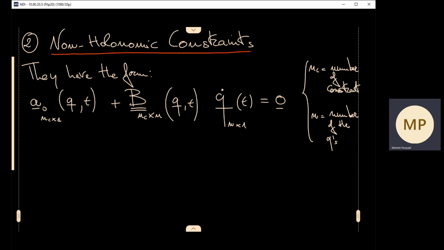So we refer to this as a simple non-holonomic constraint. What does it mean? It means that you have a linear relationship with respect to the generalized velocities. There are unfortunate cases in which this relationship is not linear in the velocities.